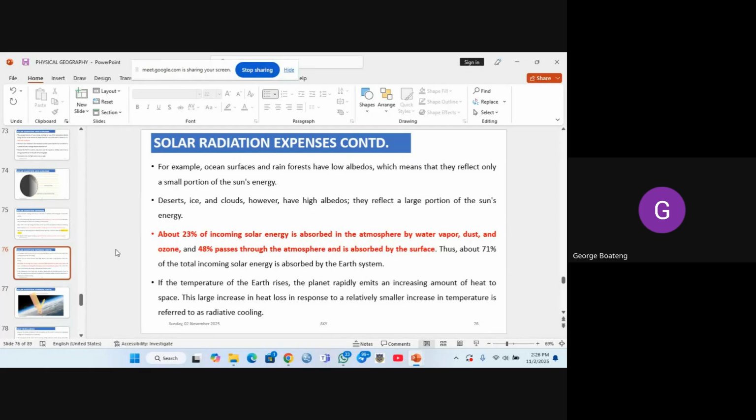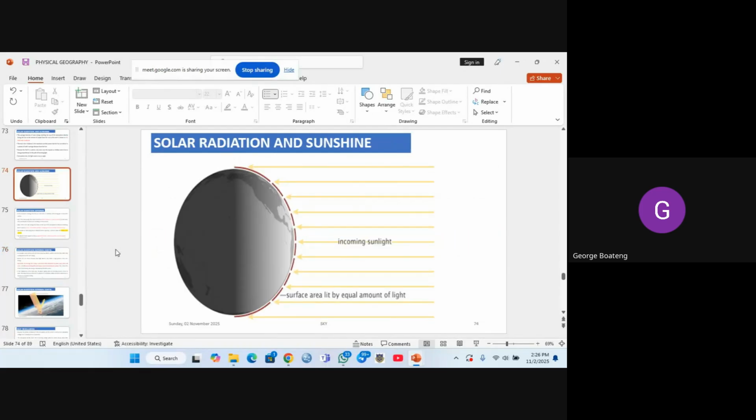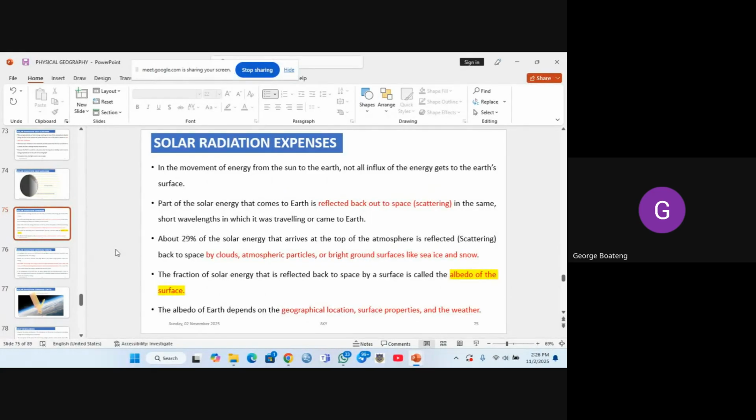Now there's another one we call diffuse radiation. Diffuse radiation is the solar energy that is able to pass through clouds and find its way to the Earth's surface. Sometimes, let me ask you, you see that it is cloudy, as if it's about to rain. But you see that the place is shiny, but the sun is not too intense.